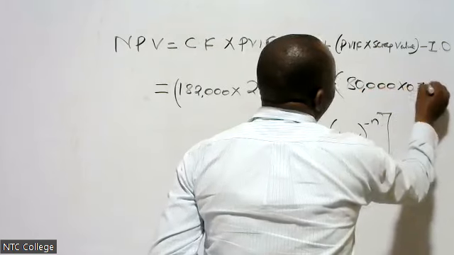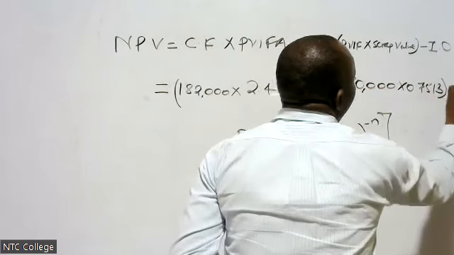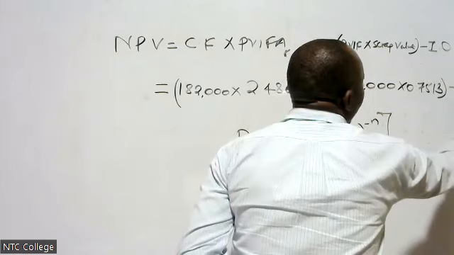So we have 80,000 times 0.7513 minus IO, which is 500,000.